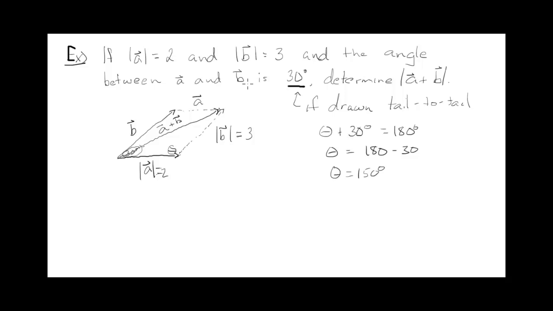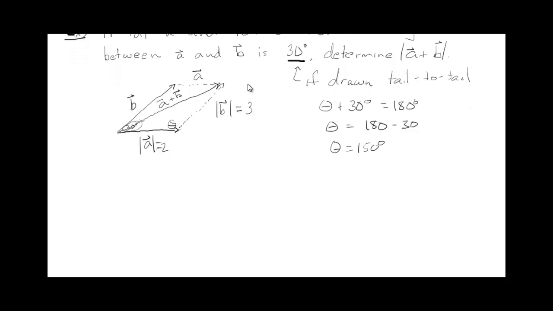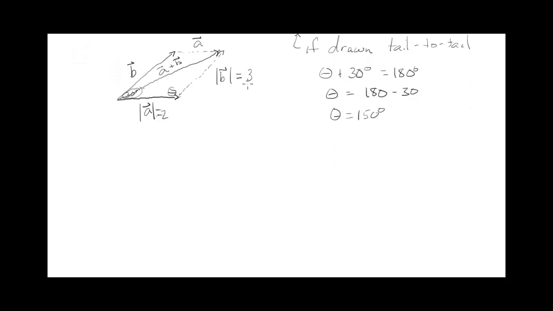So now I have two sides and an angle, and I need the opposite side. If you recall grade 10 trigonometry, this should be obvious: you're going to use your cosine law. The cosine law said c squared equals a squared plus b squared minus 2ab cos theta.